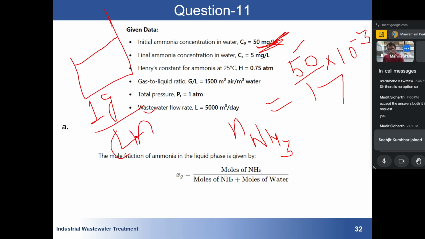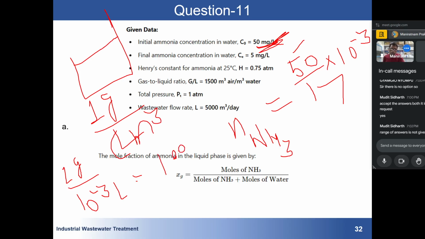If you convert centimeter cube into liter, it will be 10 to the power minus 3 liter. Or you can say the density is 1000 gram per liter.